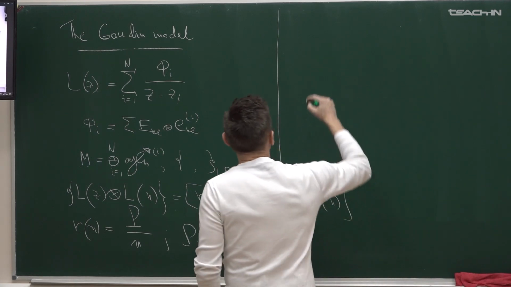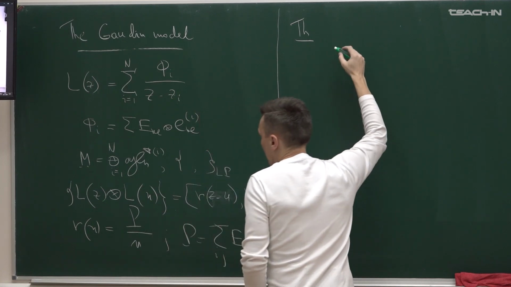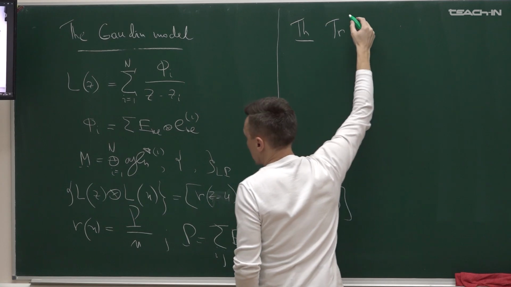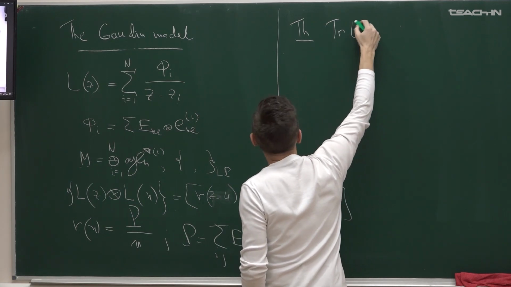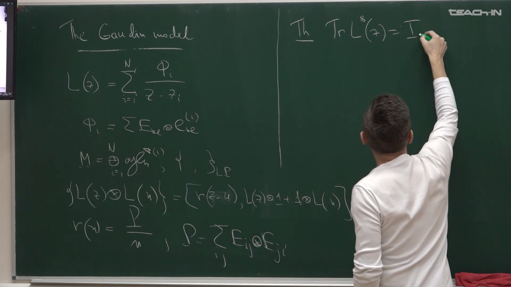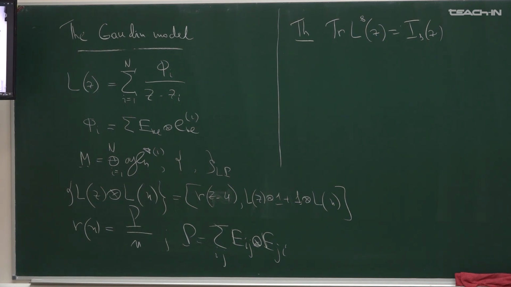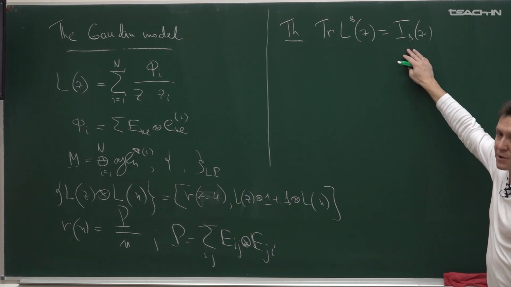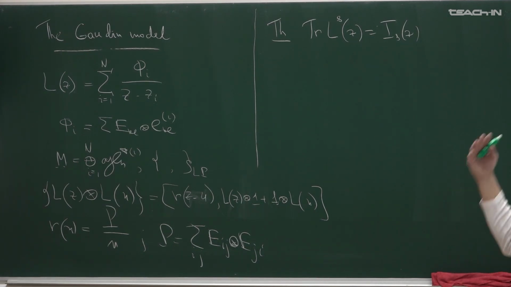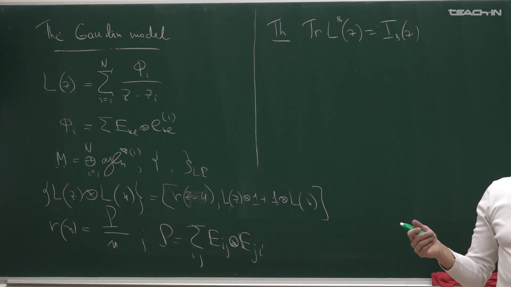So we stated that it was the theorem that traces of L to the power s of z, which is I_s of z, so all this set of functions of z, each function from this set represents a generating function of integrals of motion.